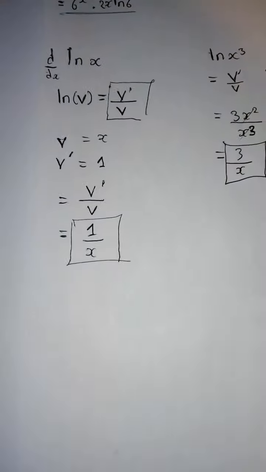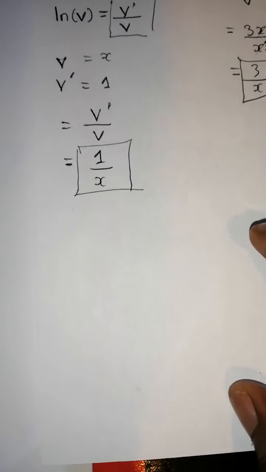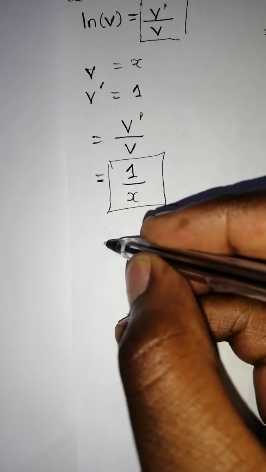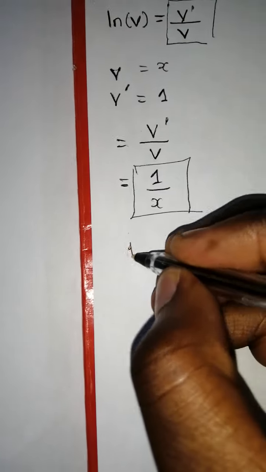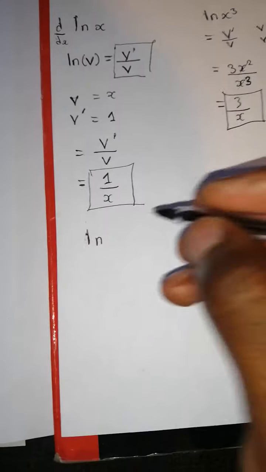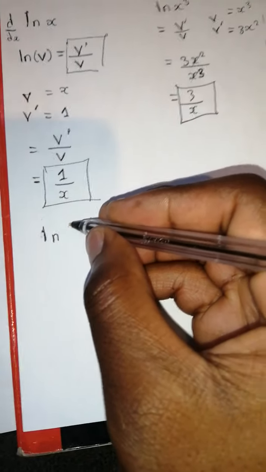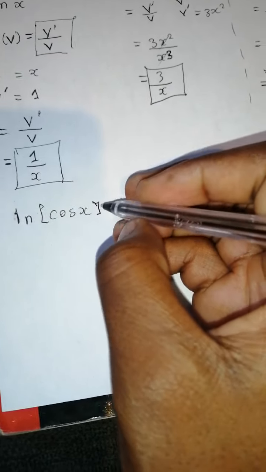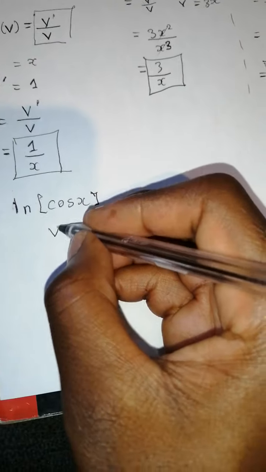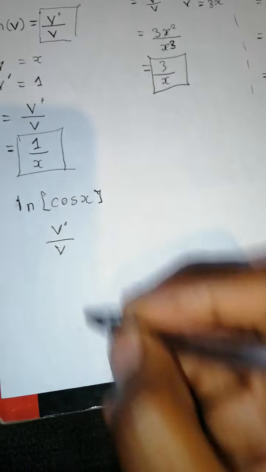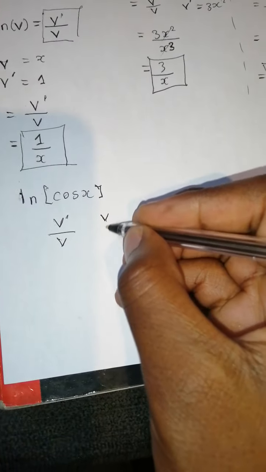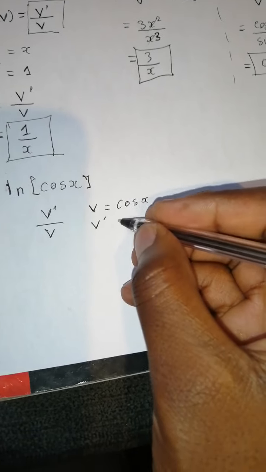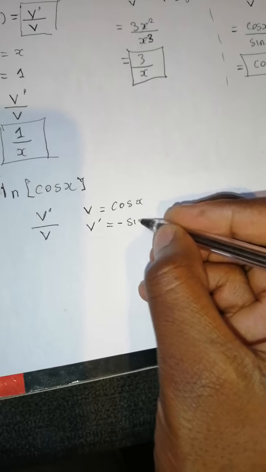So what is the derivative of, let's say we have ln cos x? The formula remains the same, which is v prime over v. So what is v and what is v prime? v is equal to cos x, and then v prime is equal to negative sine x.